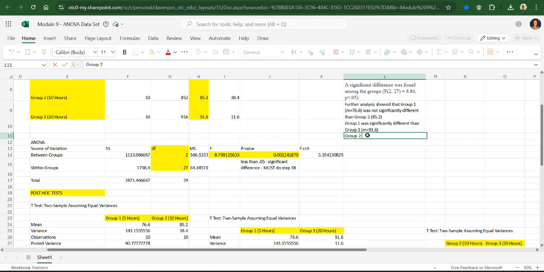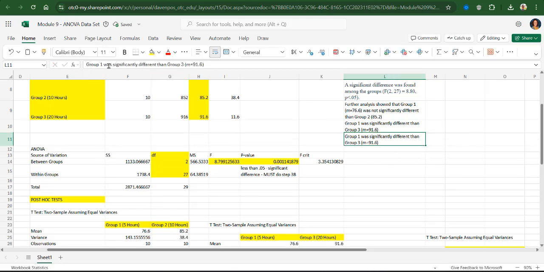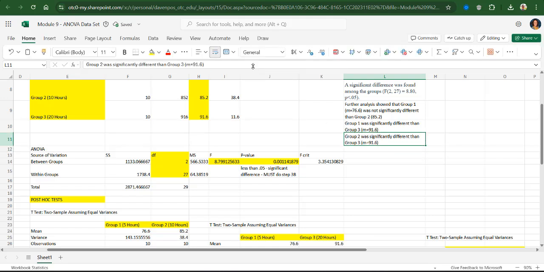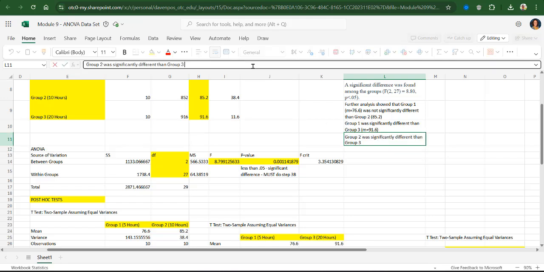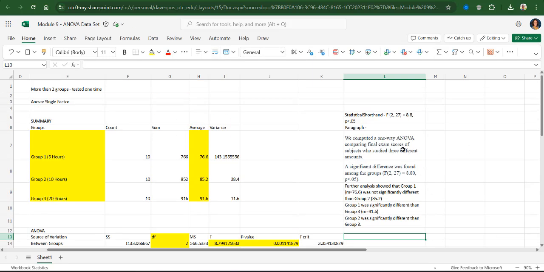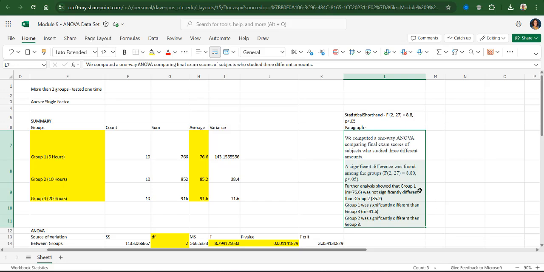Group 2 was significantly different than group 3. Oh, whoops. Edit that. And I'm going to take that out. Okay. So those are my sentence breakdowns for my results.